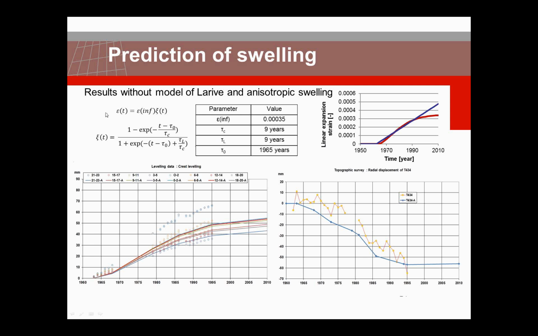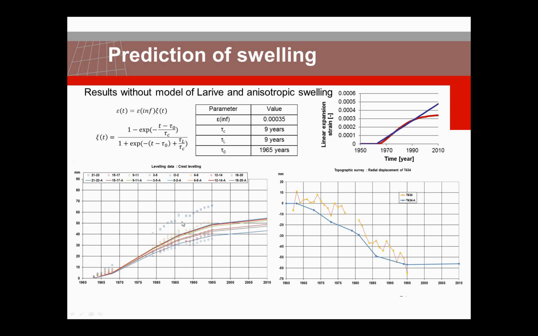And then we defined a function of time of this swelling according to the Larive function that you see here, that is this red function, which we calibrated as well as possible on some displacement measurements that were provided by the benchmark formulators. Here's one point. This is in the center of the crest in which there was a construction.